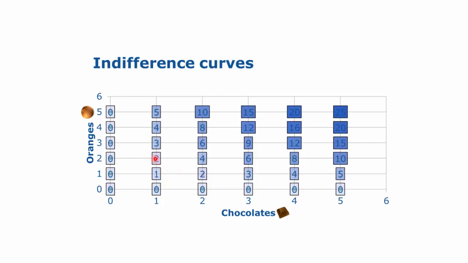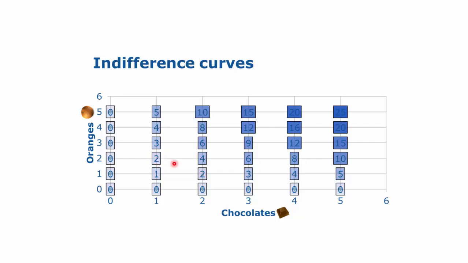For example, take a look at these 2 bundles here. You see there are 2 very different bundles. This bundle right here contains 2 chocolate bars and 1 orange. And this bundle over here contains only 1 chocolate bar and 2 oranges. So different bundles, and yet they make me just as happy. They both generate a utility of 2. Well, if they both make me just as happy, it means that I will be indifferent between these 2 bundles. Whether I get this bundle or that bundle, I don't care because I will be just as happy.